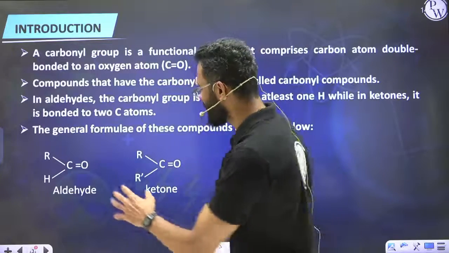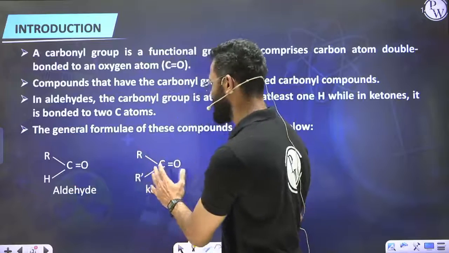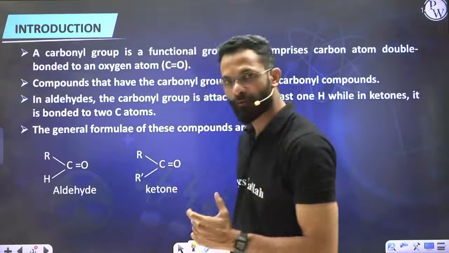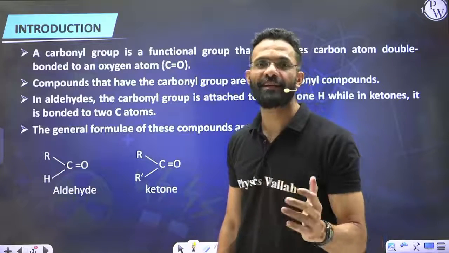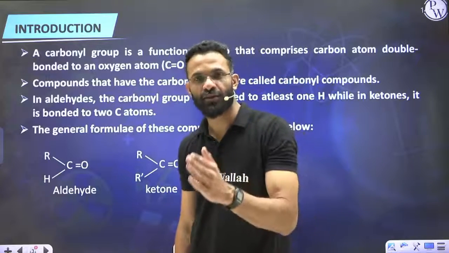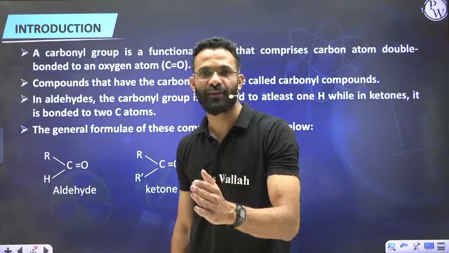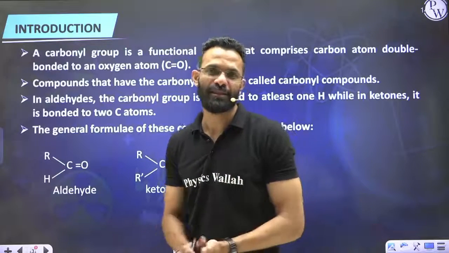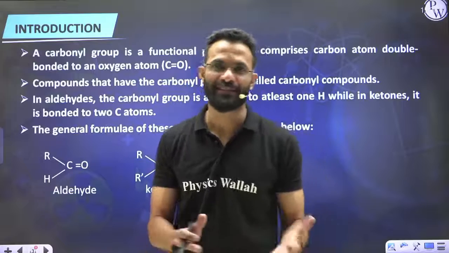So other than the structural features, as in what valencies are connected to the carbonyl carbon atom, we can also define aldehydes and ketones as the first oxidation product of primary alcohol and secondary alcohol respectively. So this is a basic introduction of aldehydes and ketones.